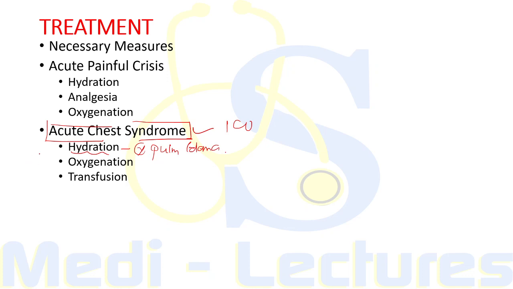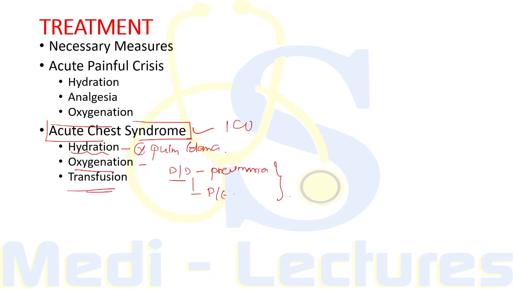Vigorous oxygenation should be done to maintain the arterial saturation. The differential diagnoses of acute chest syndrome, like pneumonia and pulmonary embolism, should be ruled out because these have very similar clinical presentation.